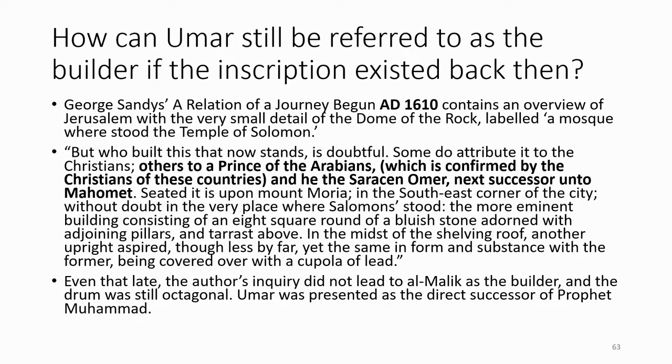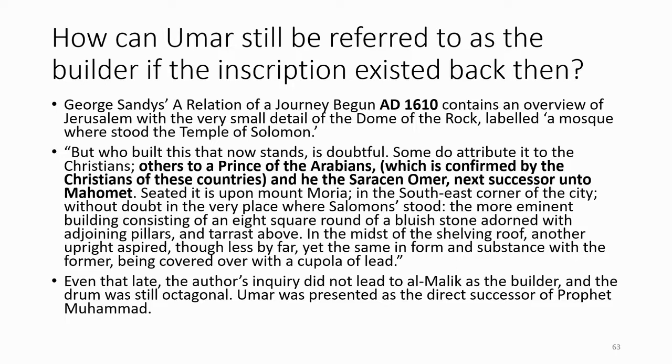George Sandys, A Relation of a Journey Begun AD 1610, contains an overview of Jerusalem with the very small detail of the Dome of the Rock labelled a mosque where stood the Temple of Solomon. And a quote here from it: "But who built this that now stands is doubtful. Some do attribute it to the Christians, others to a prince of the Arabians, which is confirmed by the Christians of these countries.